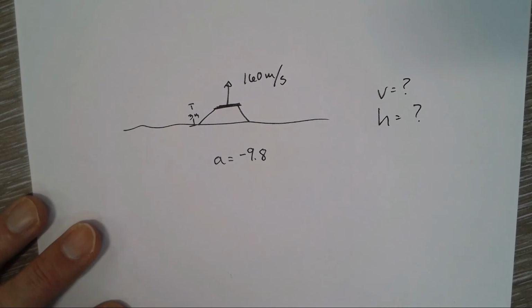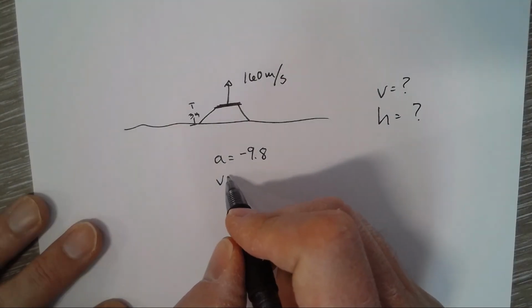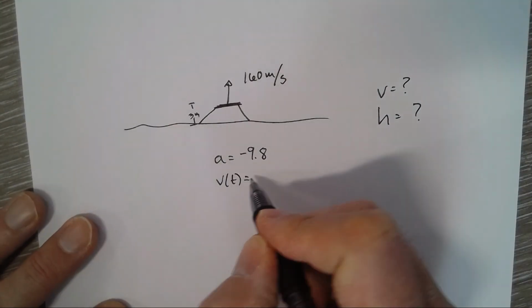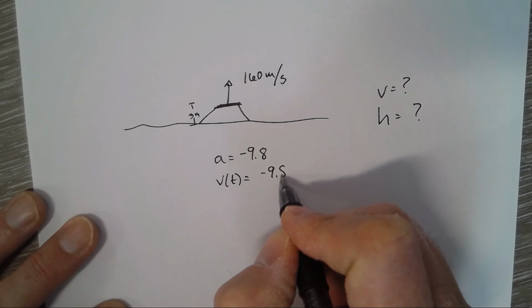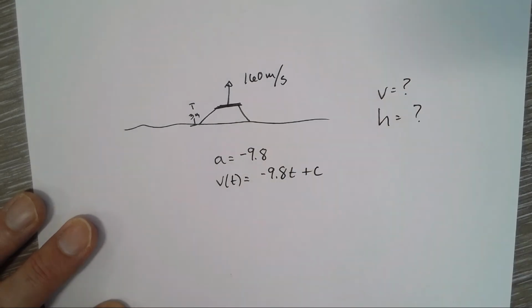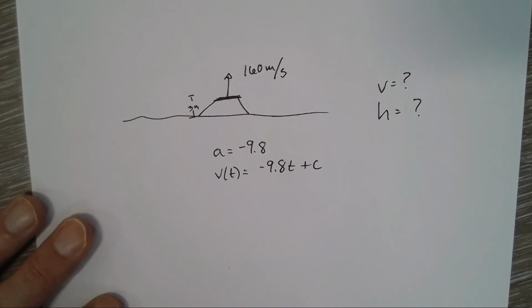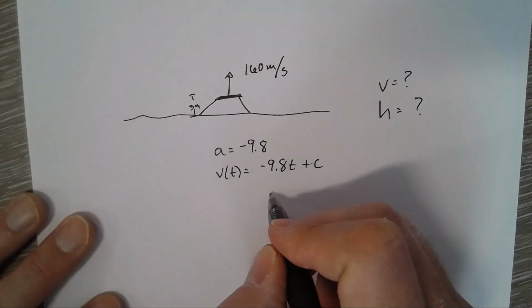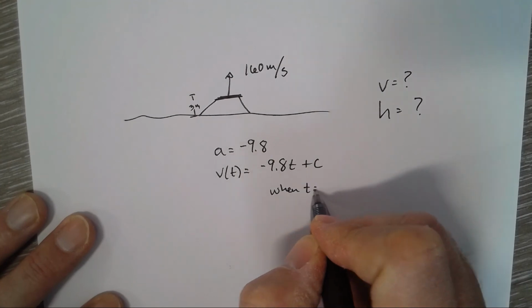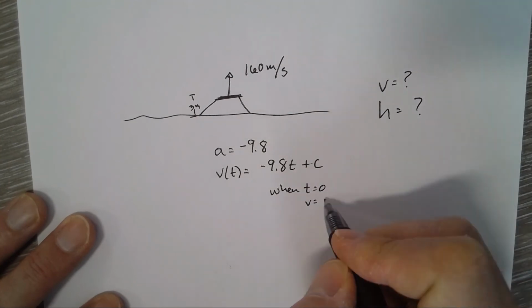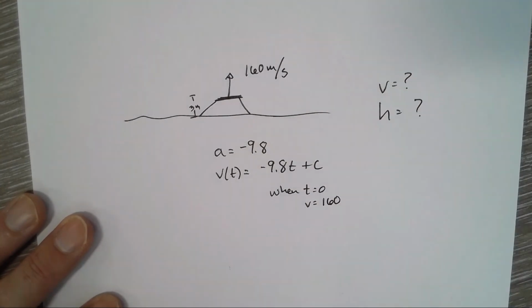So then we can find the velocity, which is the antiderivative, plus c. And we can find that c if we know one initial value. Well, we know that when time is 0, our velocity is 160 meters per second.